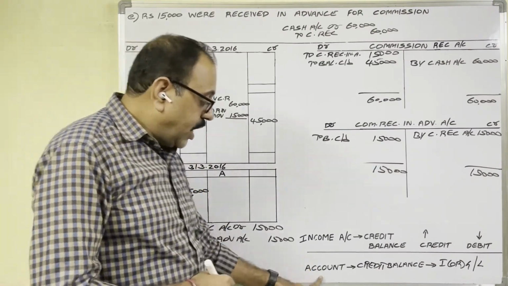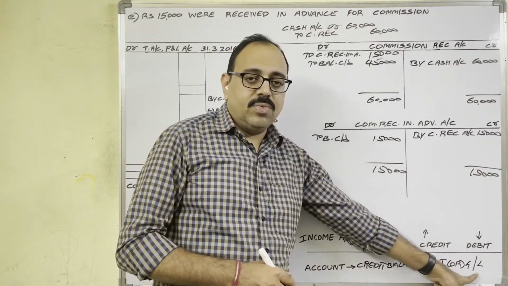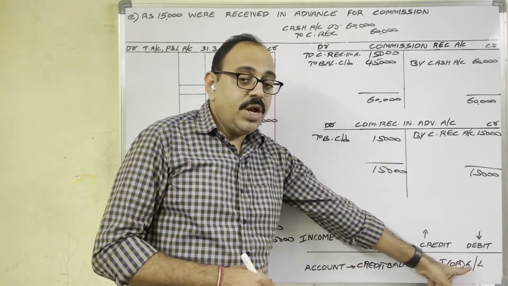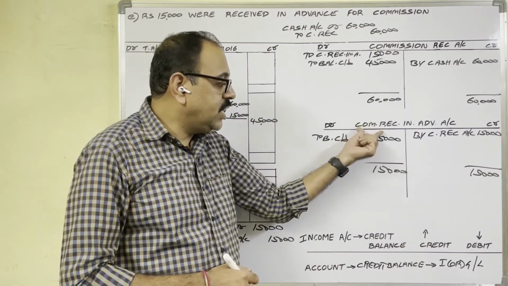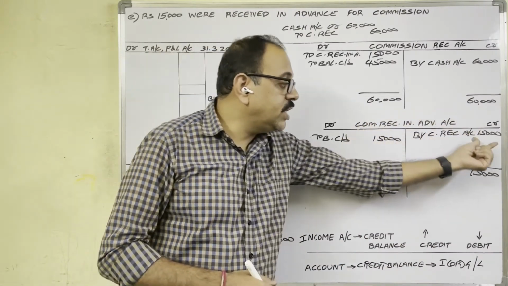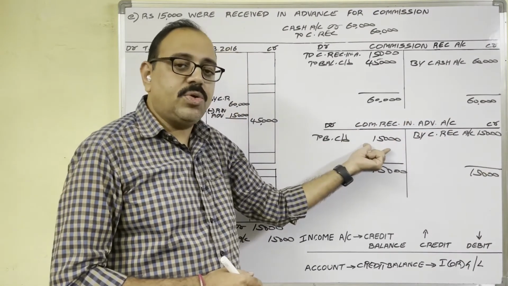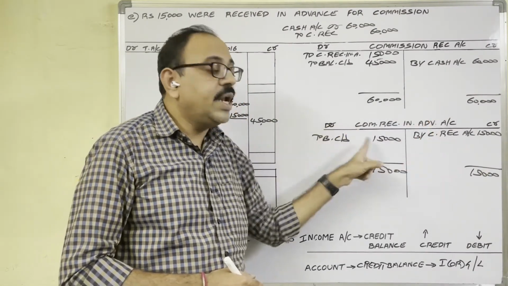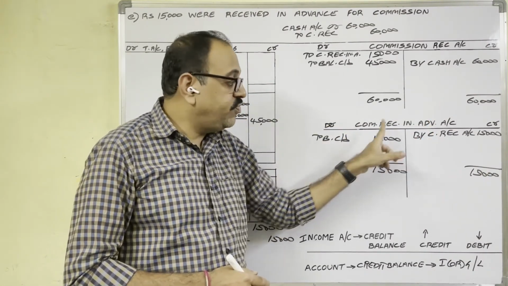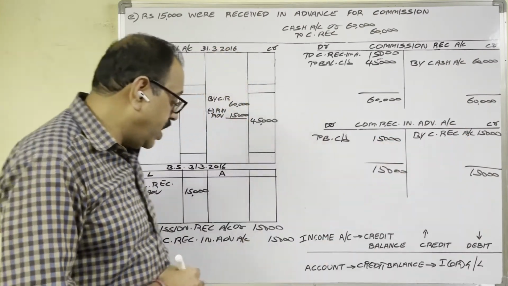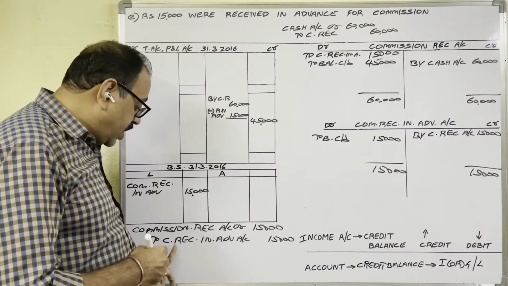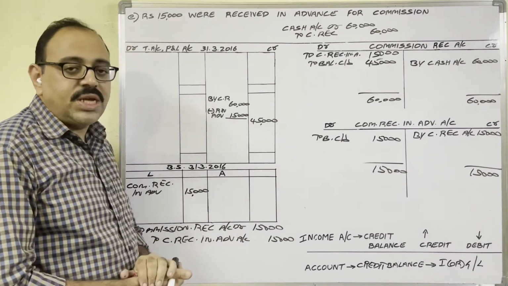So this account is a liability account, and a liability should show a credit balance. Means in the commission received in advance account, the credit side total should be more than the debit side total. Then only it shows a credit balance. So 15,000 we want to post on the credit side. That is why, while writing the journal entry, we credited the commission received in advance account.